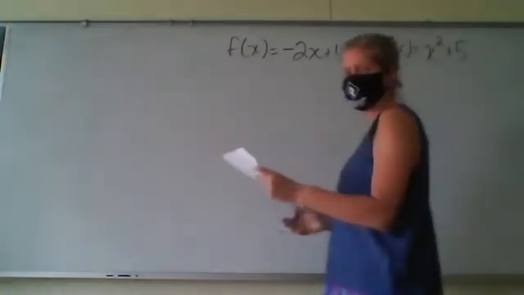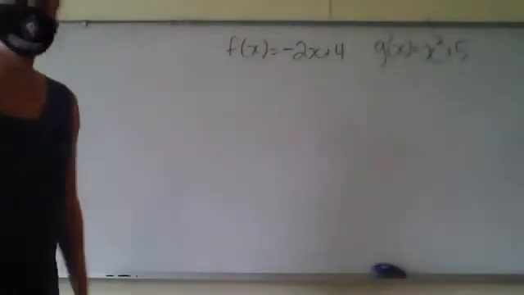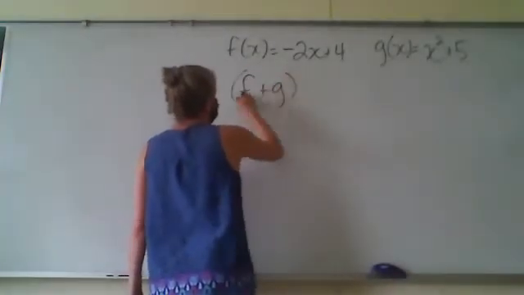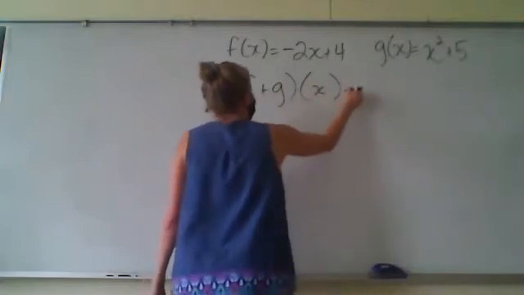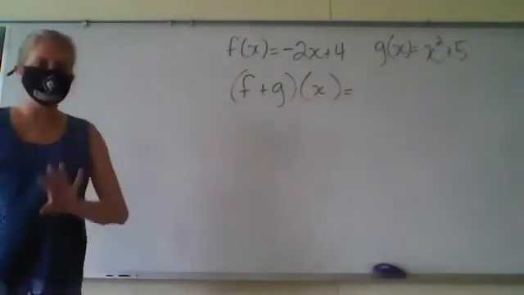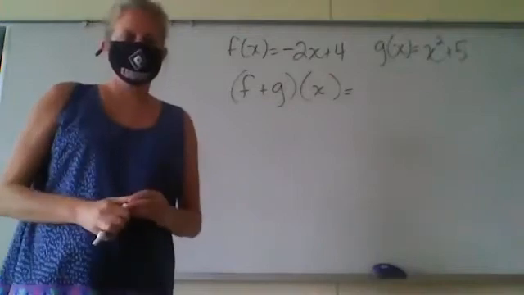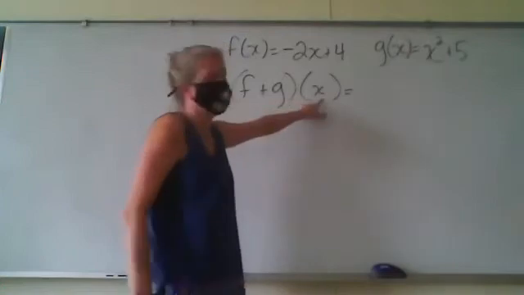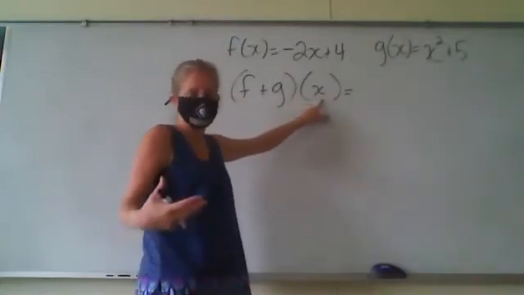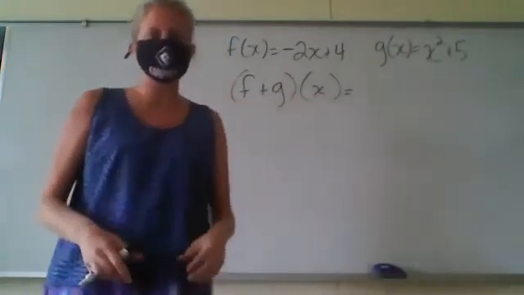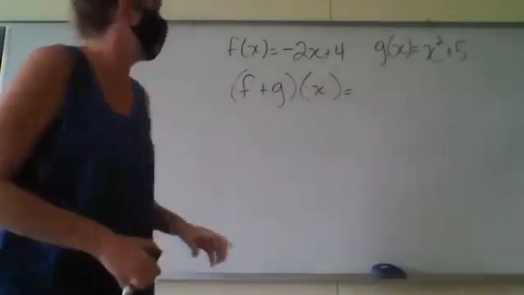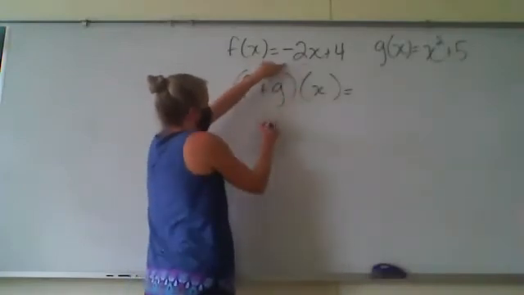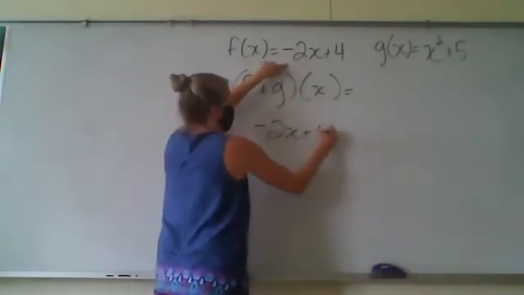So this time it wants me to find f plus g of x. So just like the last problems, I'm going to start off by finding f. It's just not a number I'm replacing x with. Essentially, I'm replacing x with x, which means I'm not even changing the f function at all, right? It already has an x. So the f of x is just negative 2x plus 4.